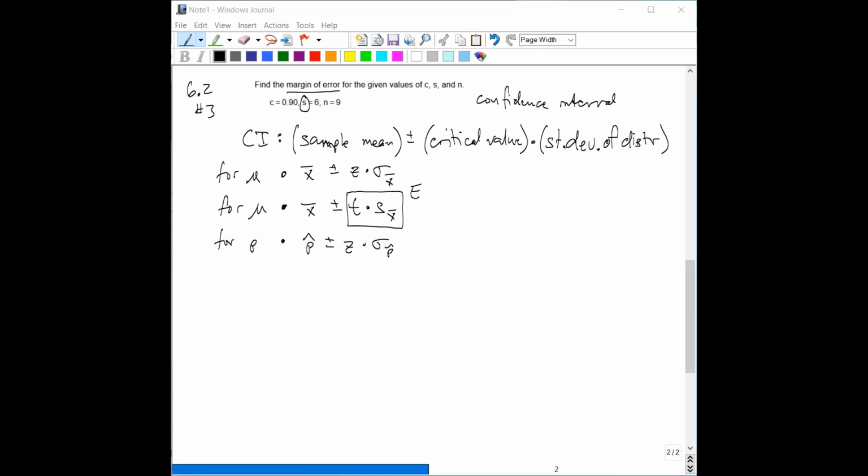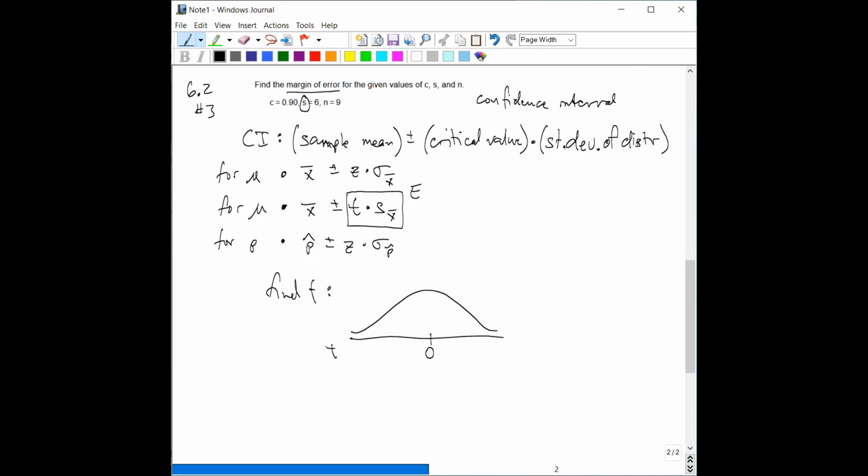Let me draw the picture first. What we're given is the confidence level. Their notation is C represents the confidence level. So what does the graph look like for a confidence interval?